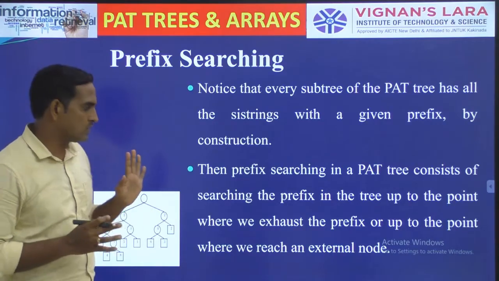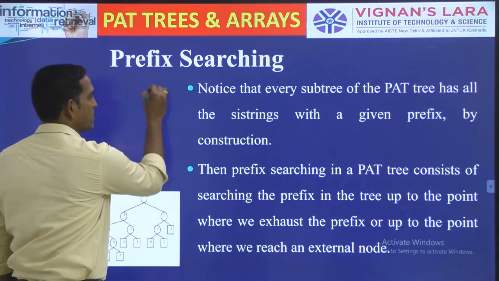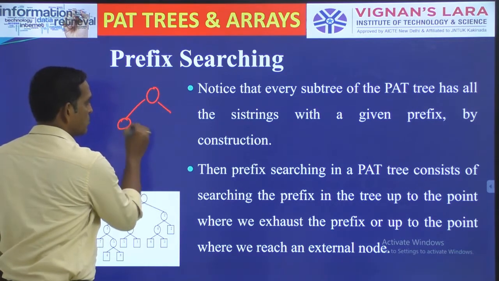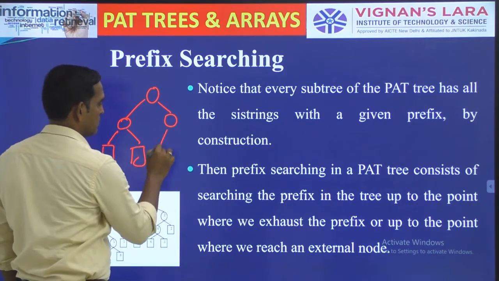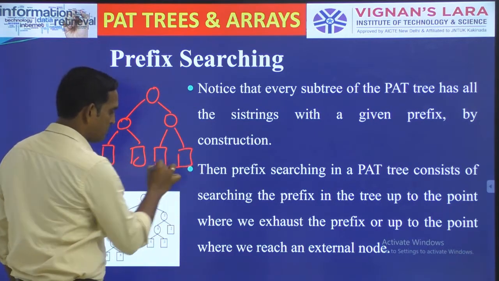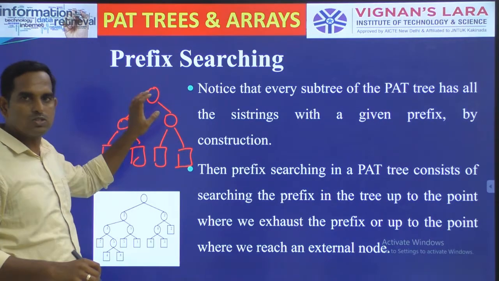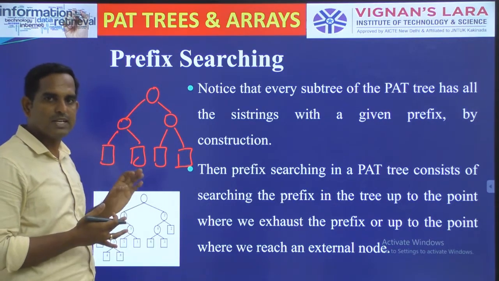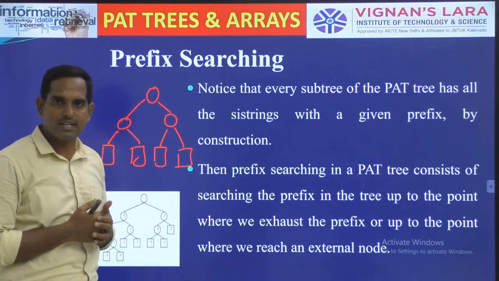Notice that you have to remember what a trie is. I think I told you in the last session itself, you will have a set of internal nodes and external nodes. The internal nodes are used for branching, and the external nodes represent the string of your particular text.